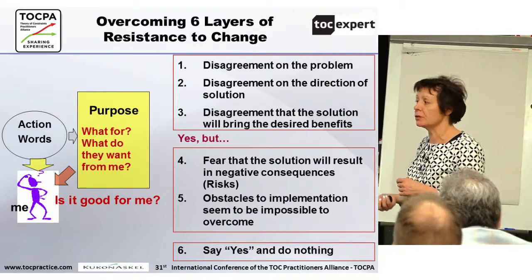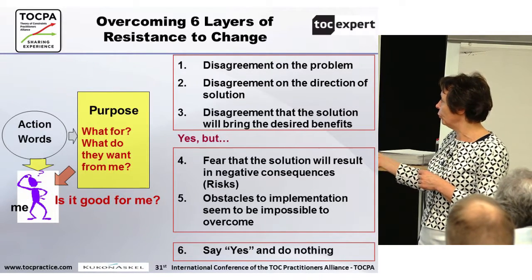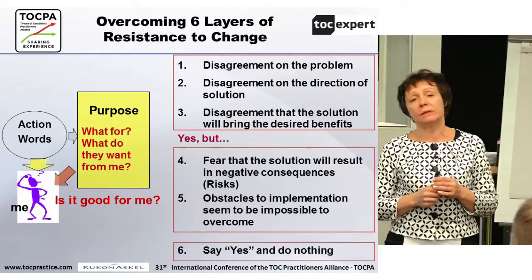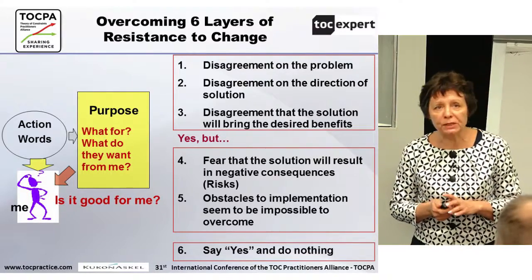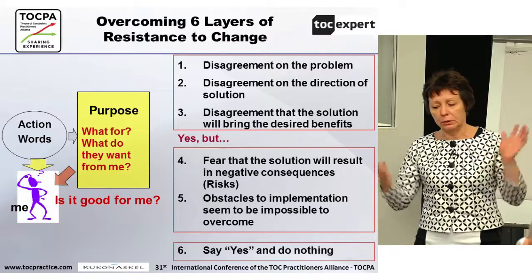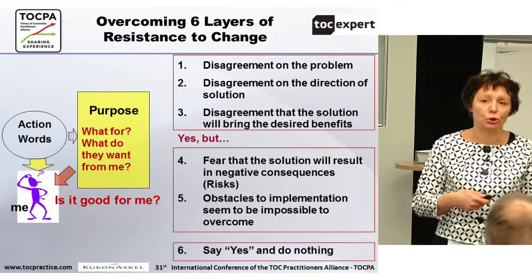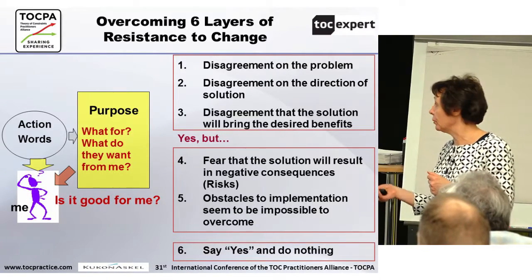In my experience, I mostly meet people on the 4th layer of resistance. They see negative consequences for themselves, but will not say so, because the solution stops them from abusing the system. They cannot say openly that they cannot use the system to their benefit as much as they used to do before. So that's why they say yes, yes, but do nothing.